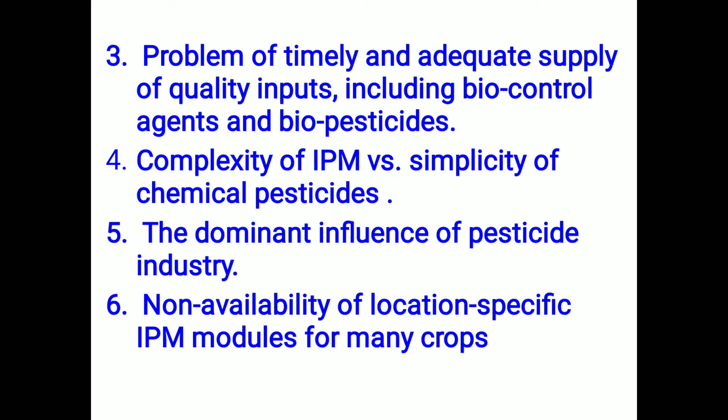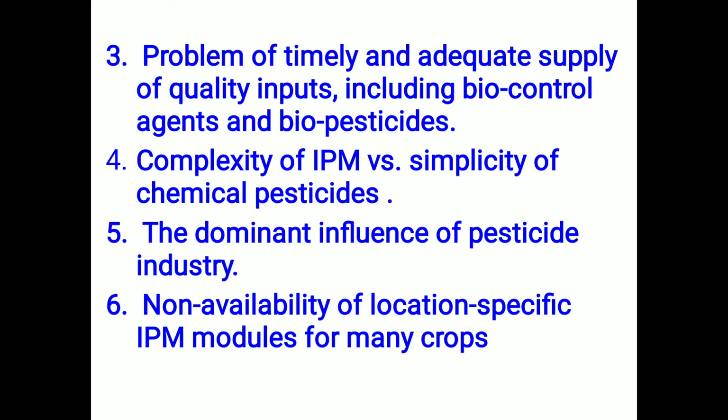At the same time, a number of problems arise for that farmer, that means the unavailability of seeds or planting materials. Suppose farmers want to take a control measure, and that particular pesticide is available at that time, but most of the time, due to the scarcity of such inputs, the IPM module is not practiced by the farmers.